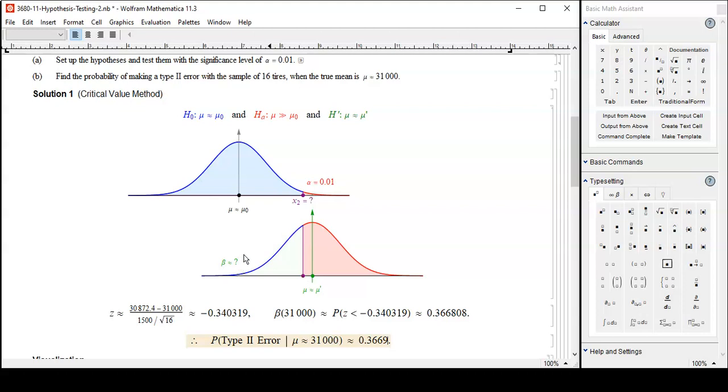Null is left and alternative is right because the original picture was like that. And then looking for this area using the z-curve. The method is the same: x-bar minus center over SE, find the z-score, look up the table, and that probability is the beta value here. Make sense?